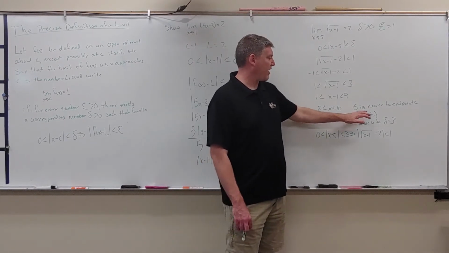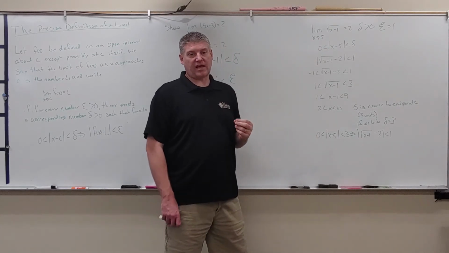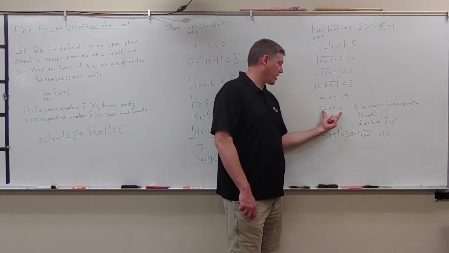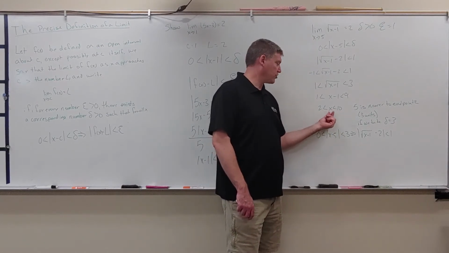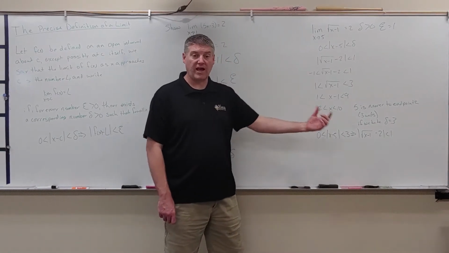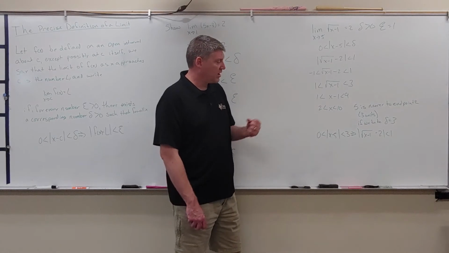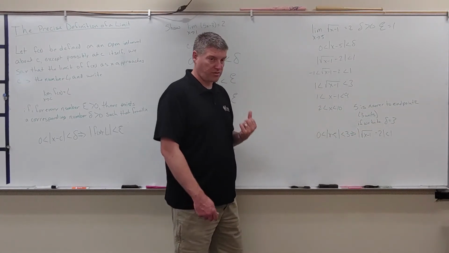Well, if you remember, 5 is our c value, and it is actually nearer to one of the endpoints here. So these are our endpoints here, right? So 2 is less than 5 is less than 10. Well, 5 is closer to 2, and in fact, it's 3 units away. So we're going to use that, and we're going to take delta to be 3.